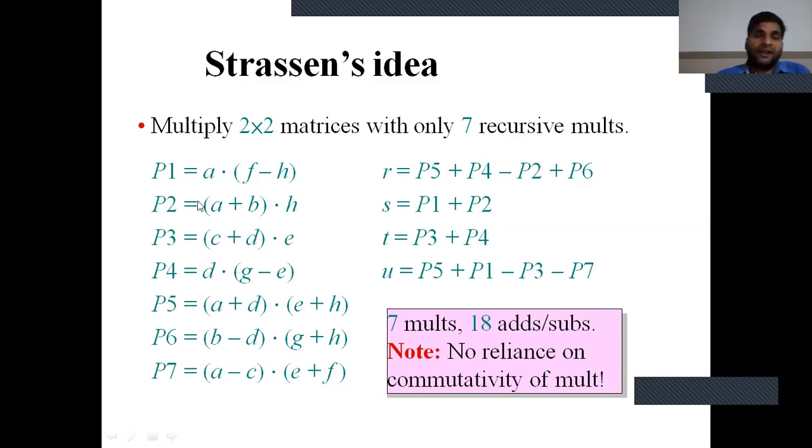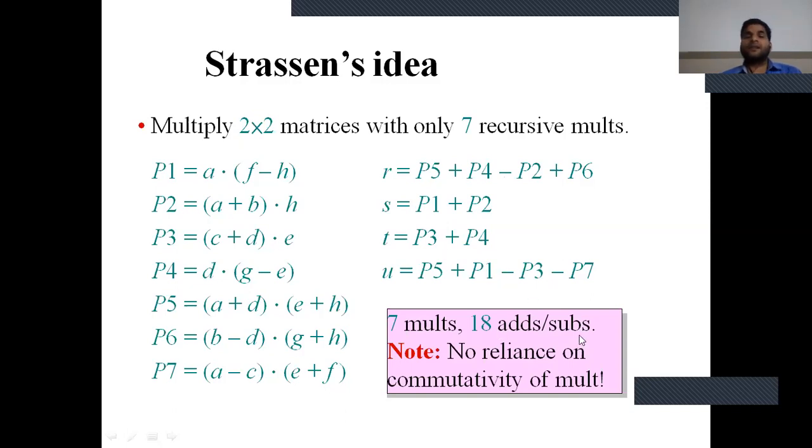So here we can find the total number of multiplications. The total number of multiplications equals 7, and the total number of additions and subtractions means 1, 2, 3, 4, 5, 6, 7, 8, 9, 10, 11, 12, 13, 14, 15, 16, 17, and 18.